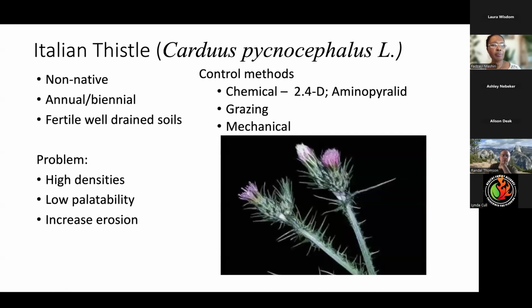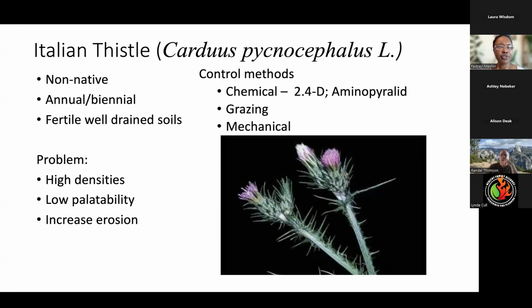The other problem weed in our area is Italian thistle. It's also a non-native. It can be an annual or biennial, meaning that some of its seeds can germinate, grow, seed and die within a year, or sometimes they can germinate, grow, and flower, but survive through summer and continue to grow into the second year.